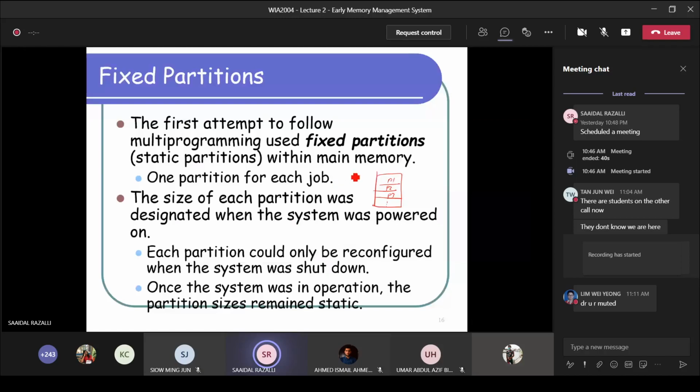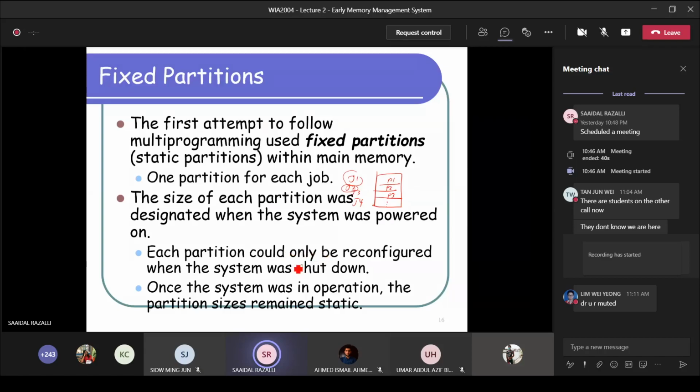Let's say at the same time, job 1, job 2, job 3, and job 4 come in. It will be allocated based on the size of these jobs.